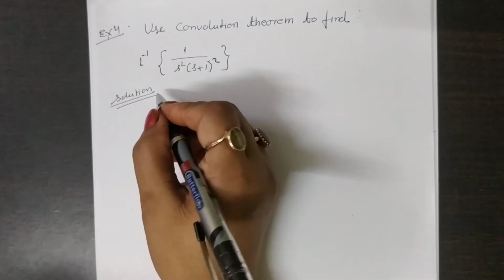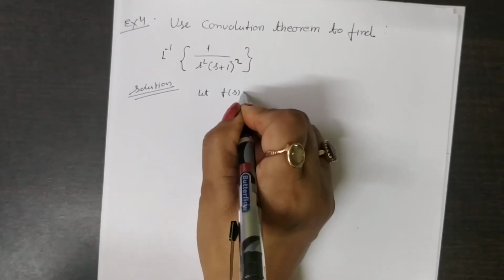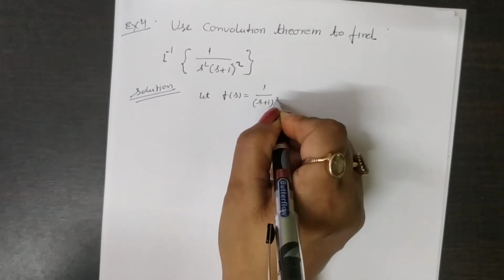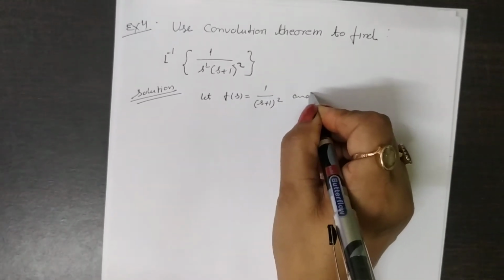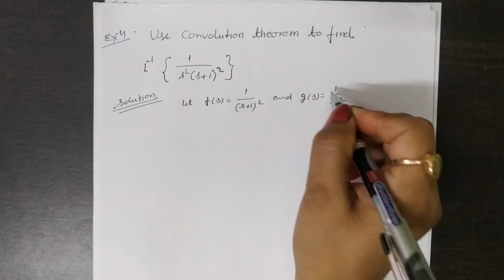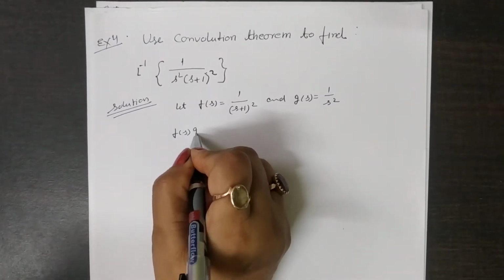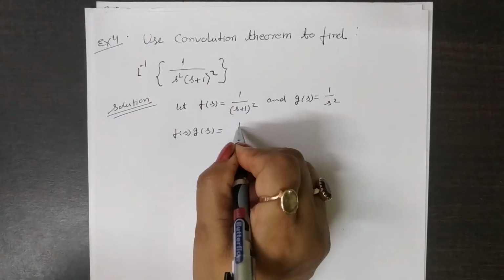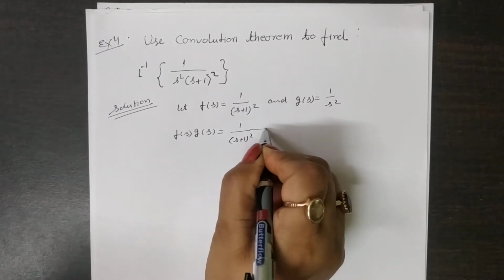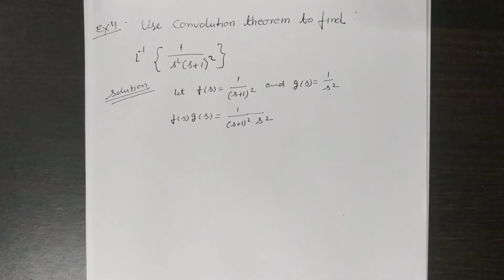Yes, let Fs be equal to 1 by (s plus 1) whole square and Gs be equal to 1 by s square, so that Fs into Gs is equal to 1 by (s plus 1) whole square into 1 by s square. This is the question. Here you are using the convolution theorem.